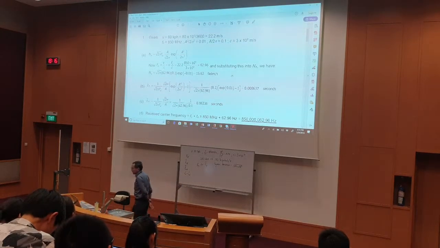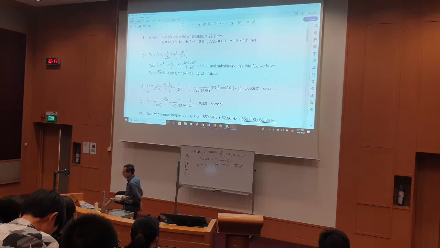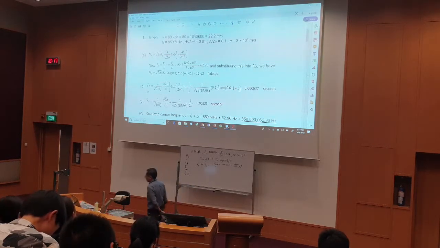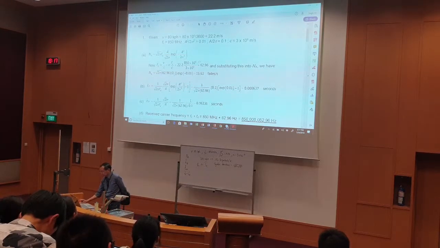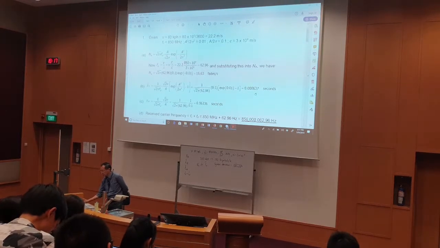Similarly, for the average fade duration, which is B, again the formula is there. You have already found FD to be 62.96, which is over here. So again, you plug it inside the formula. All the values are already known. Plug it in, you get this, and then work it out to have this value.